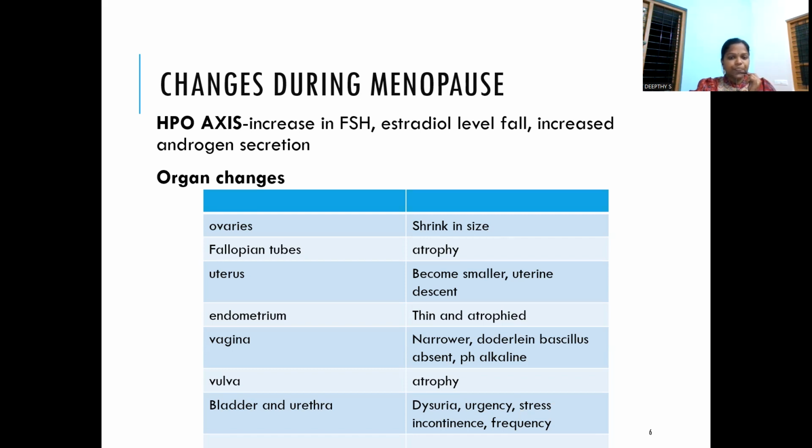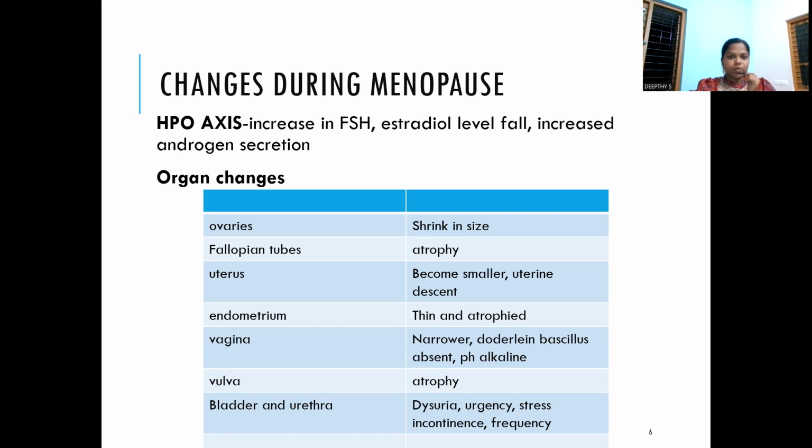Then the vagina becomes narrower, and the normal bacteria seen in the vagina, that is Doderlein's bacilli, become absent at the age of menopause. Then the alkaline pH. We all know that the normal pH of vagina is acidic, but after menopause, it becomes alkaline.